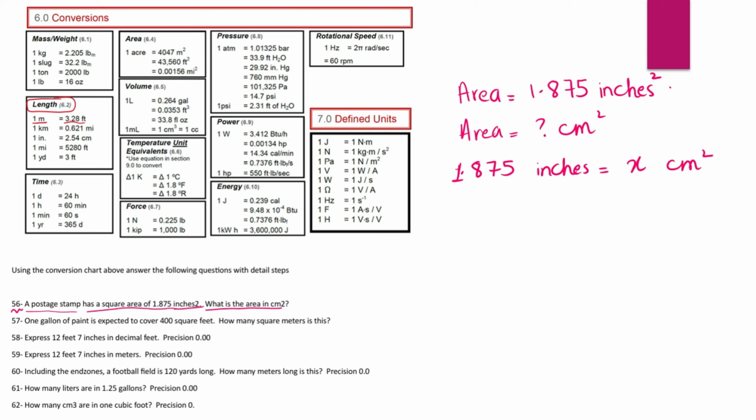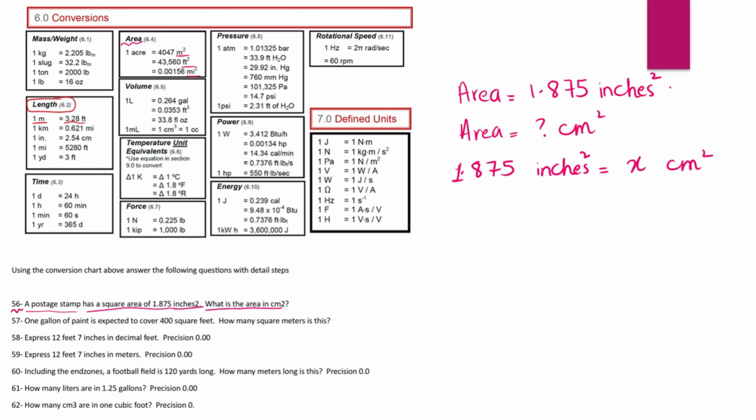Now we will quickly go to the table and see in the area section whether we have inches square or centimeter square. In the area section we have meter square, feet square, miles square, but we don't have centimeter square.